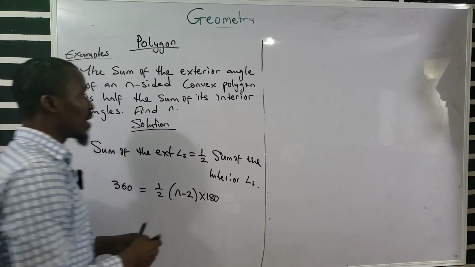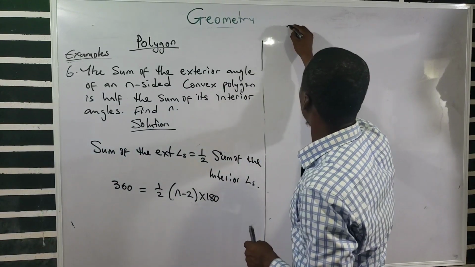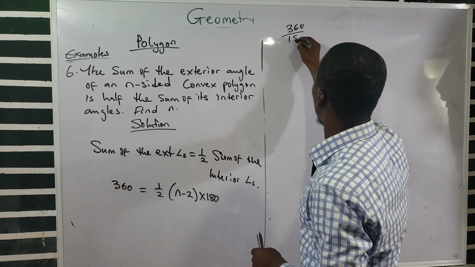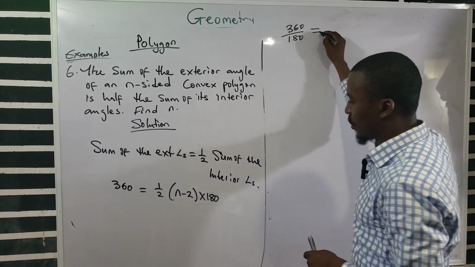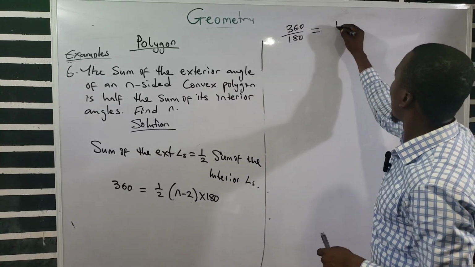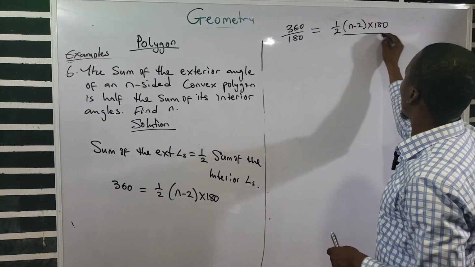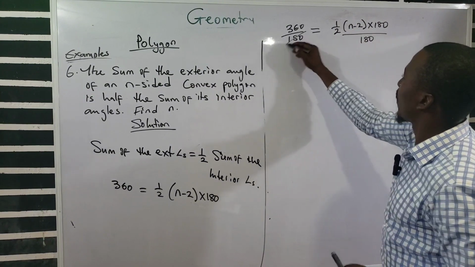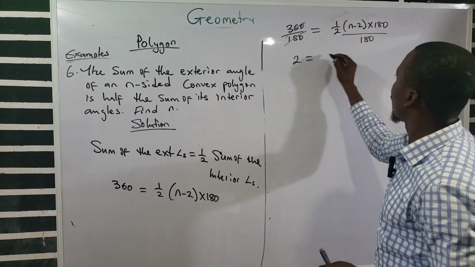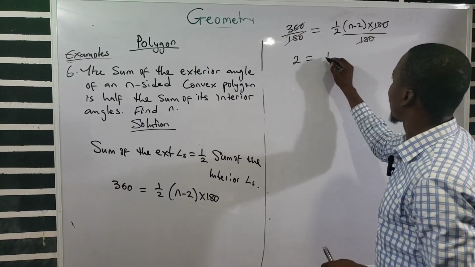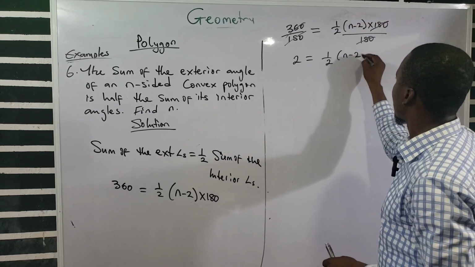When you solve this equation, dividing both sides by 180, you have 360 over 180 equals 1 over 2 of (n minus 2) times 180, all over 180. The 180s cancel, so 2 equals 1 over 2 times (n minus 2).